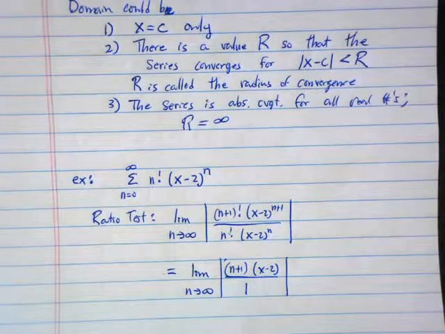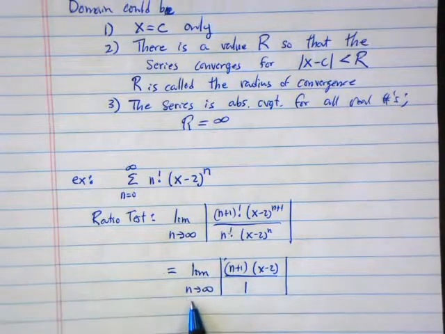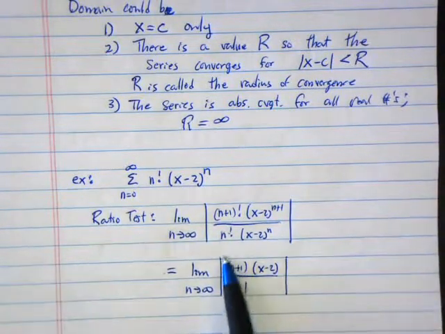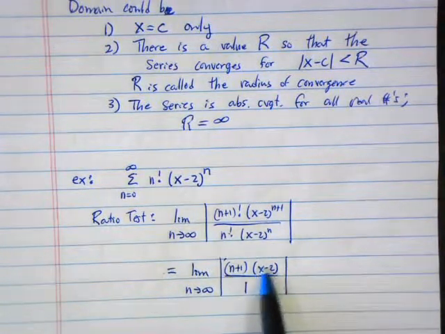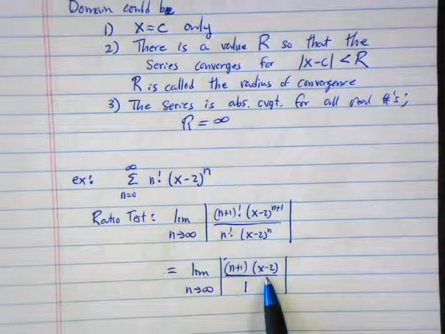When is that limit going to be less than 1? Well, what happens as n goes to infinity? This part goes to infinity. This doesn't have any n's in it, does it?